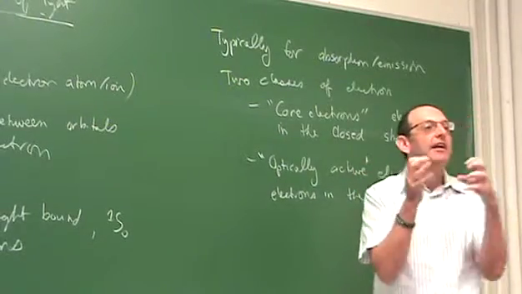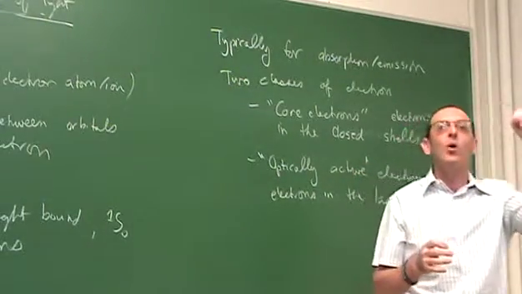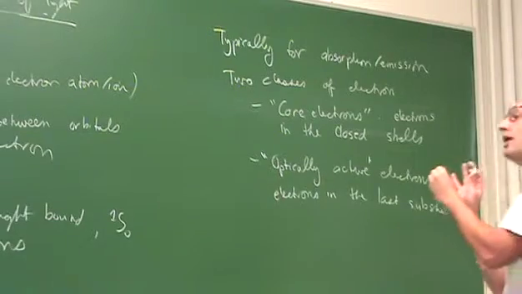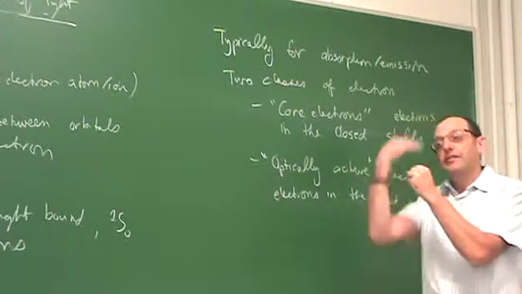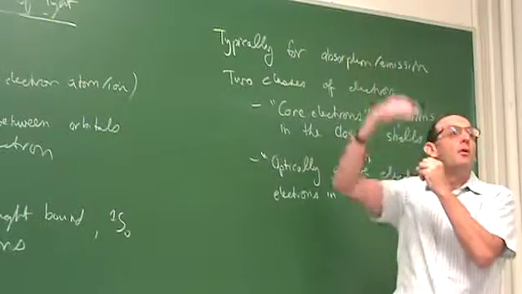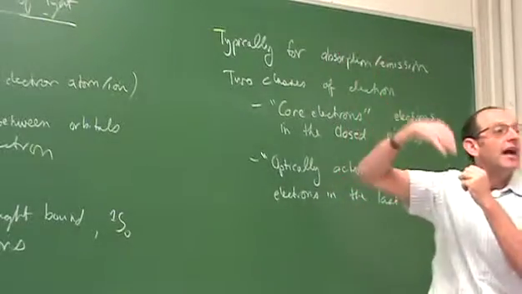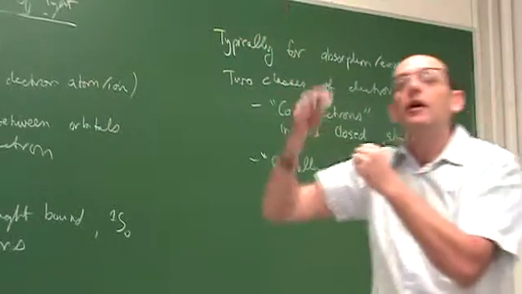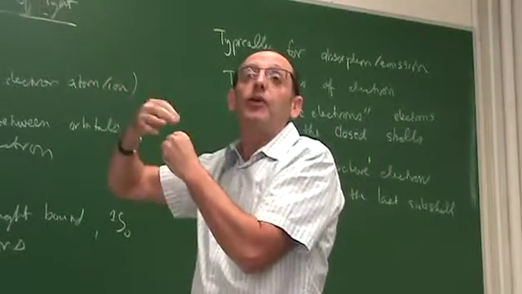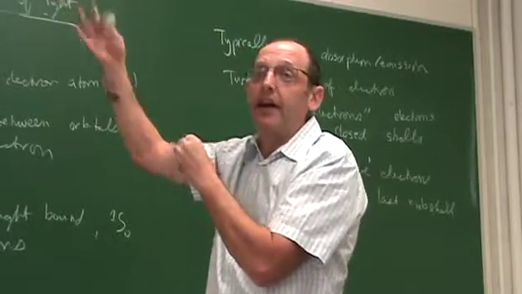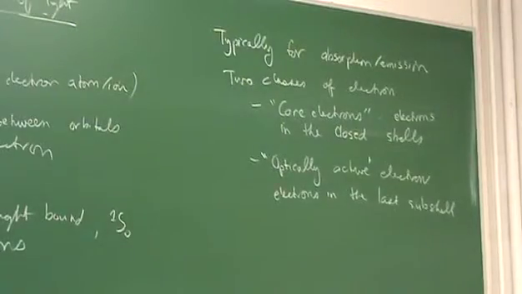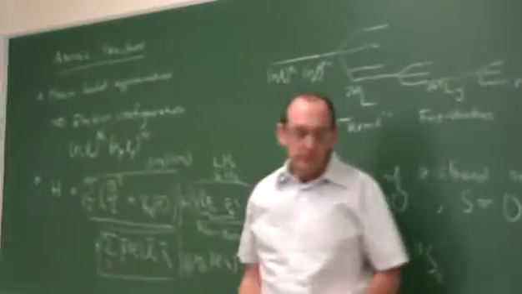They're not excited, they're just sitting in the core down to the nucleus and are basically passive observers to what's going on. Whereas the electrons in the open or last subshell, depending on how much energy one has available in your laser or lamp or sunlight or what have you, those electrons are the ones that can be excited. And we think about them in terms of whatever these configurations are.